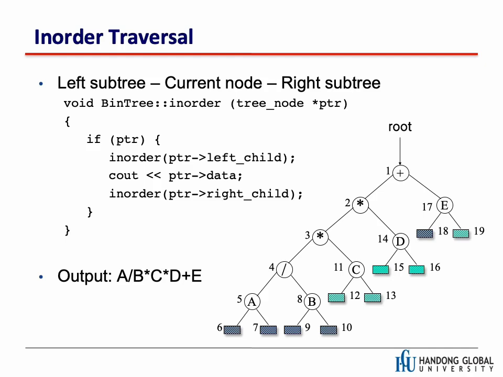So recursively we visit the left subtree, the current node, and the right subtree. That's it. If we print out, we will get A / B * C * D + E for this figure, so it is in infix notation. In this figure, I think the numbers are not correct, so ignore the numbers.